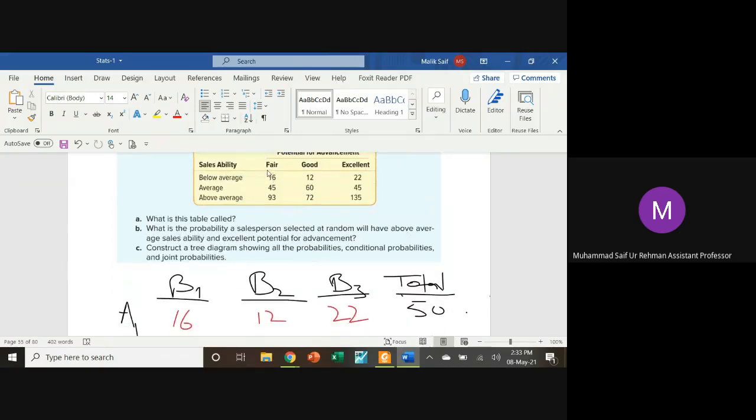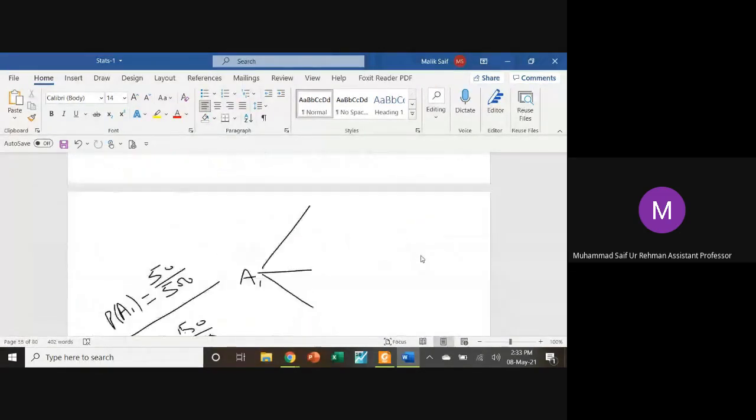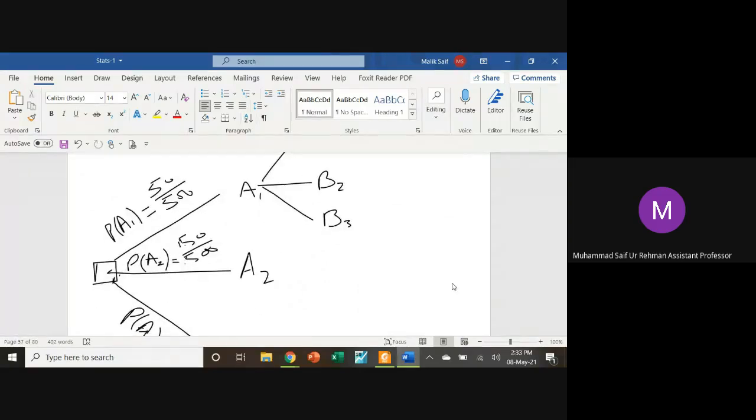So B1, B2, and B3, these three are the events that you have to write down over here. B1, B2, and B3. Fine. Similarly, there will be three branches with A2.